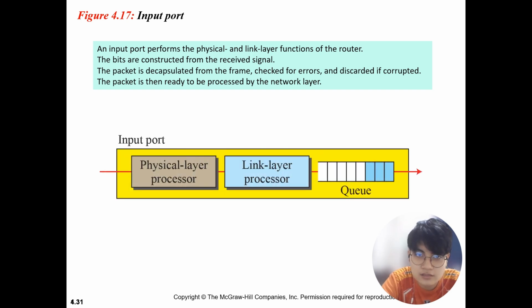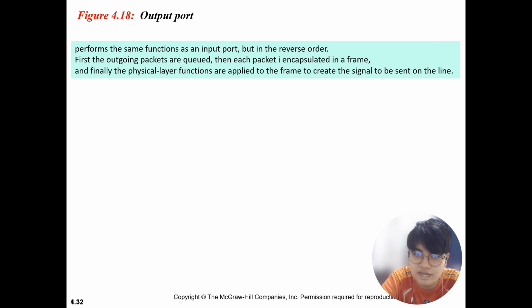The input port performs the physical and link layer functions of the router. Bits are constructed from the received signal. The packet is decapsulated from the frame, checked for errors, and discarded if corrupted. The packet is then ready to be processed by the network layer.